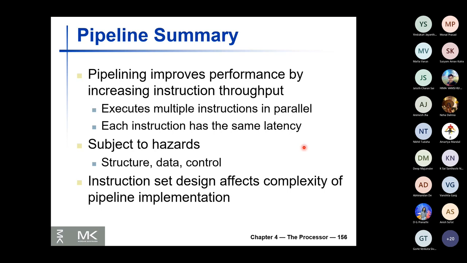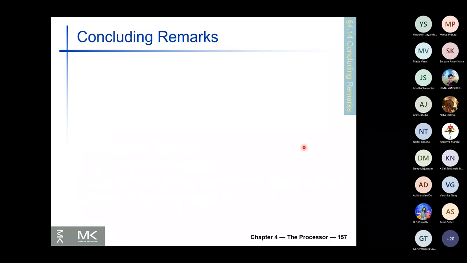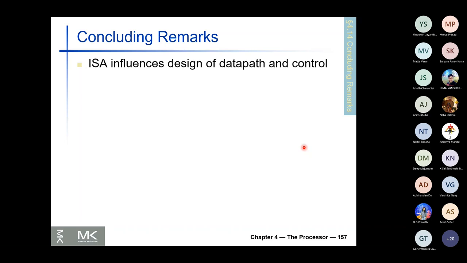Therefore it is strongly influenced by the instruction set design. In concluding remarks, the overall instruction set architecture influences the design of data path and control in the pipeline structure. And conversely, which is not so apparent, this data path and control influence the design of ISA as well.